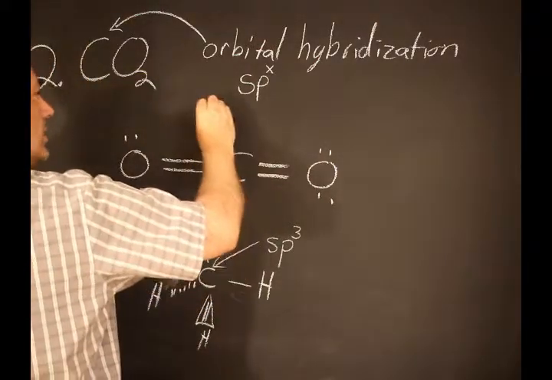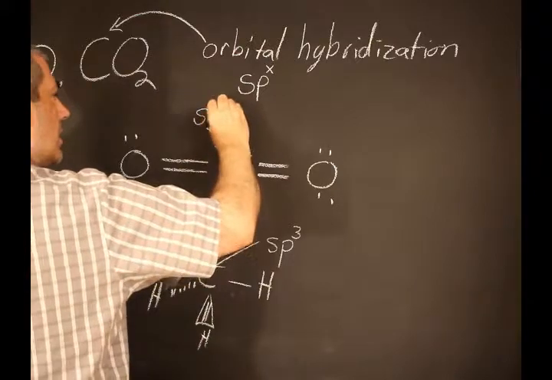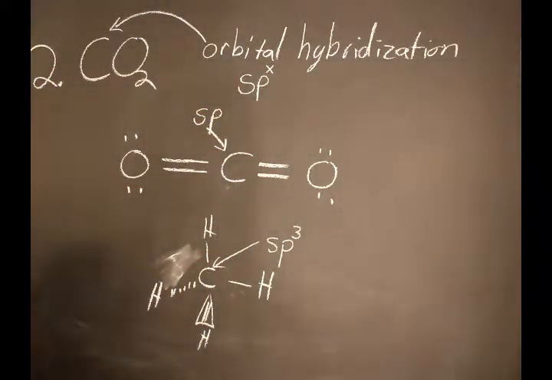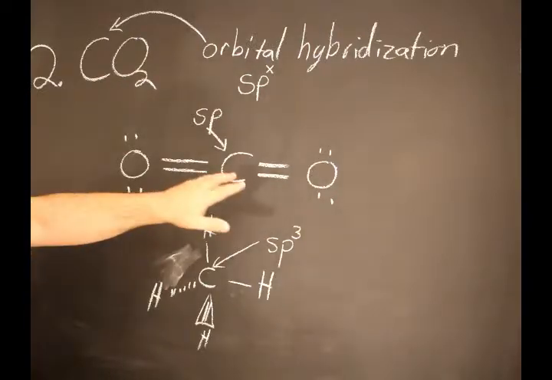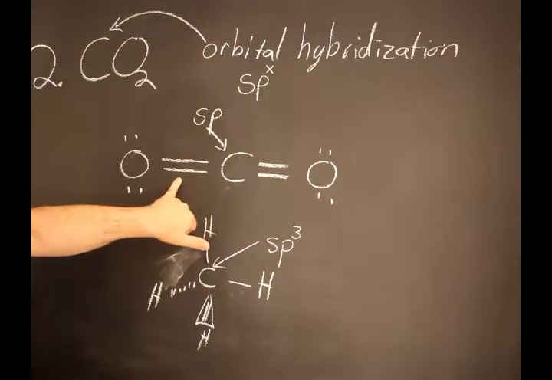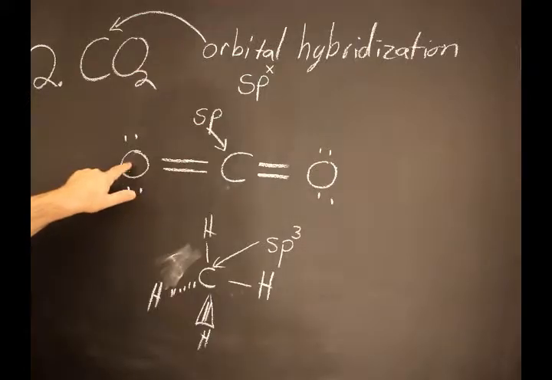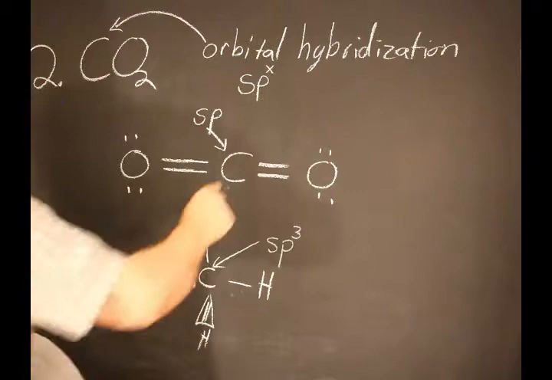So it's going to be sp hybridization. The overlap that makes up our double bond is from the non-hybridized p orbitals interacting with a non-hybridized p orbital. That would be on the oxygen.